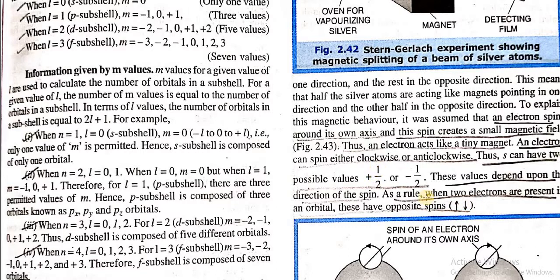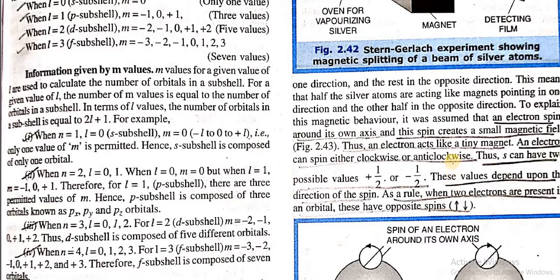Plus half is shown by an up arrow and minus half by a down arrow. That is the representation of the spin quantum number. Remember that in an orbital we can have only two electrons, and they will have opposite spins. If one is plus half, the other will be minus half.